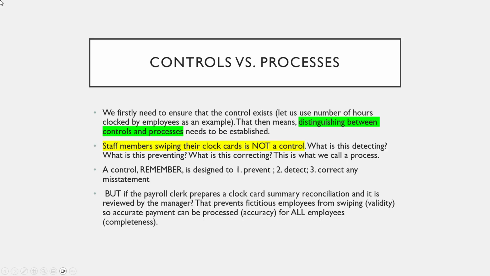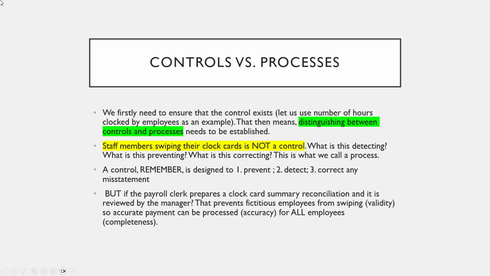The staff members swipe their clock cards, and the payroll clerk prepares a clock card summary recon, and it's reviewed by the payroll manager. So you could say, observe staff members swiping their clock cards to ensure that the clock cards have been swiped by all employees. Brackets, validity.